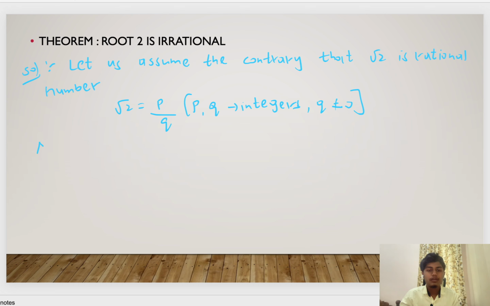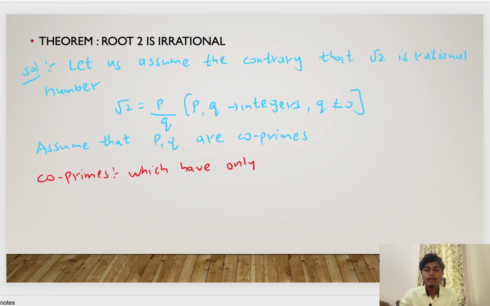Assume that p and q are co-primes. Co-primes are numbers which have only one as their common factor.